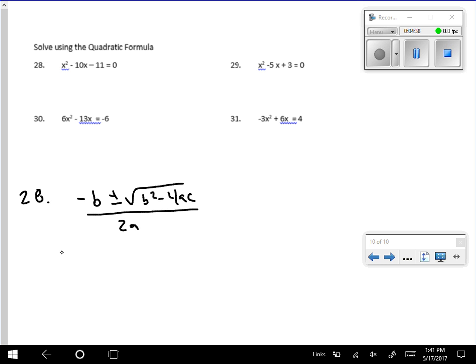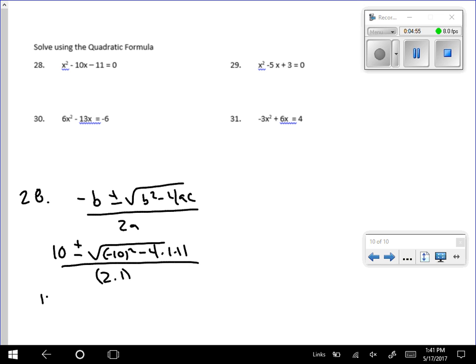So b is negative 10, so negative b would be, or the opposite of negative 10 is 10. And then we got negative 10 squared minus 4 times 1 times 11, all over 2 times 1.